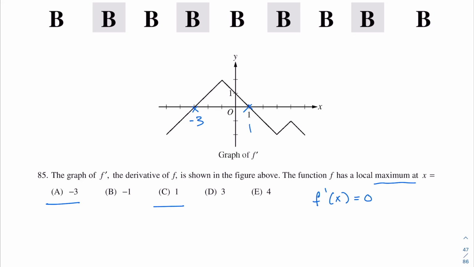So for example, for -3, we have negative values of slope before it, followed by positive values. So that's something like negative followed by positive, so this happens to be a minima. For 1, we have positive values followed by negative values. So it looks something like this, which is a maximum. So the answer here is C. The maximum occurs at x equals 1.